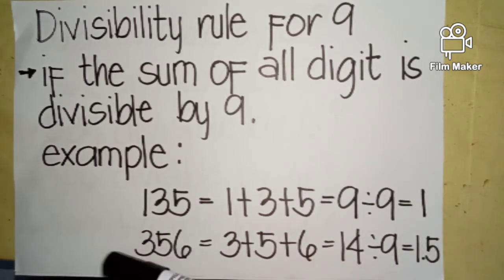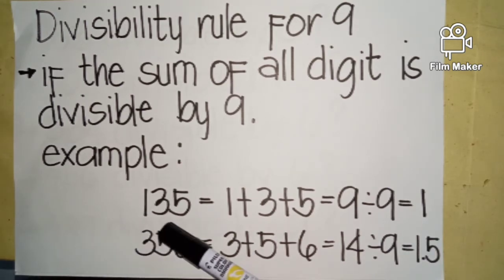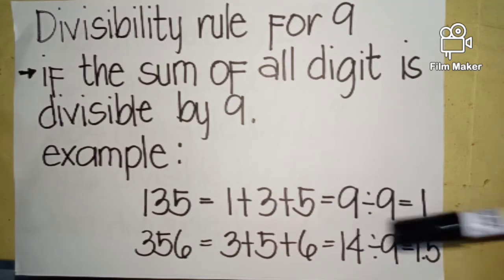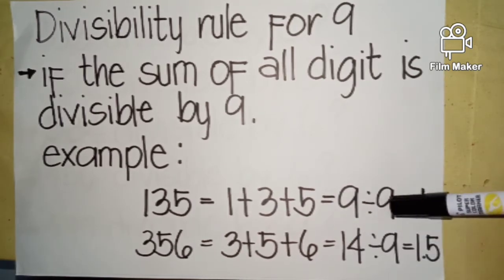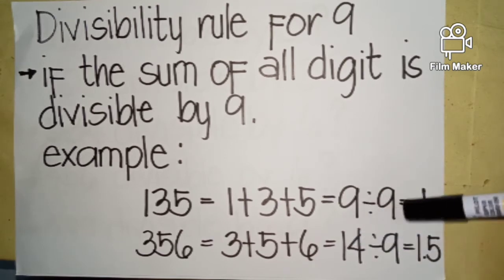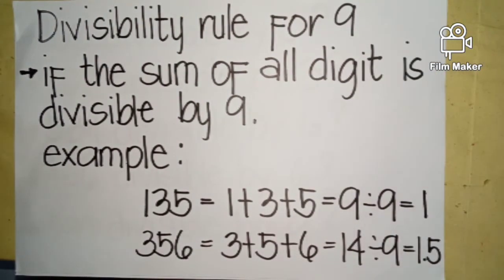We just add the digits of the given number and then divide by 9. If it can be divided by 9, then it is divisible by 9. They have the same rule, 3 and 9. We just add the digits.